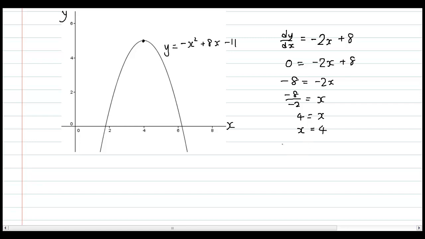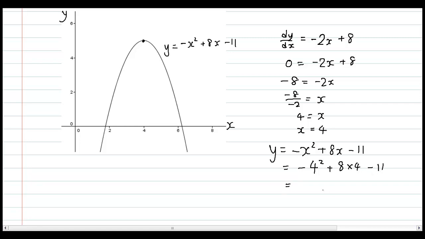And now we're going to substitute 4 into the original equation in order to find out the coordinates of this point. So y is equal to negative x squared plus 8x minus 11, which equals negative 4 squared plus 8 times 4 minus 11.